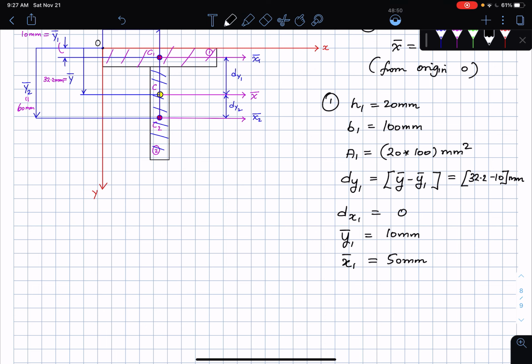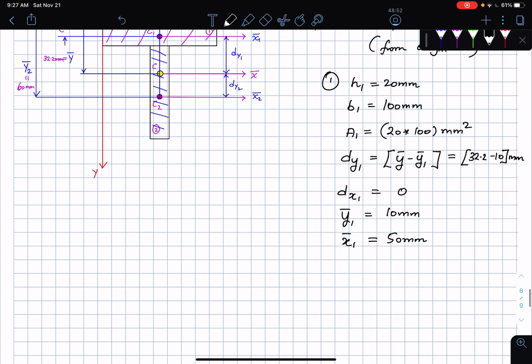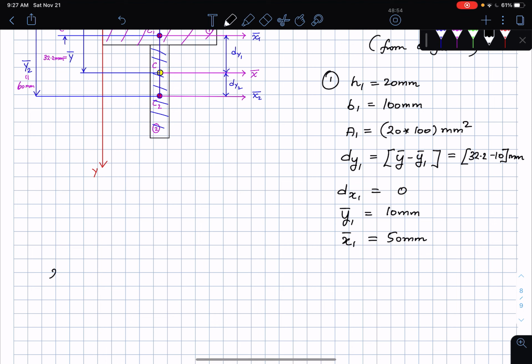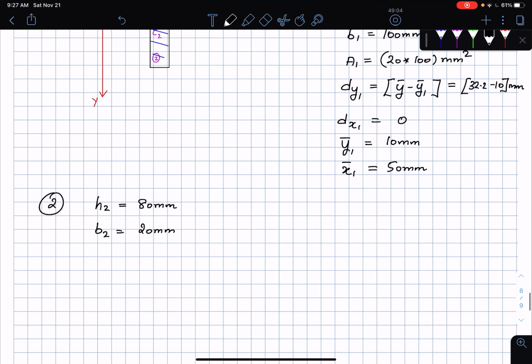Then I do the same thing for the second shape. For the second shape, h2 is the total height, which is 80 millimeters. b2 is going to be 20 millimeters. Then the area is height times base, so that's 20 by 80 millimeters square.